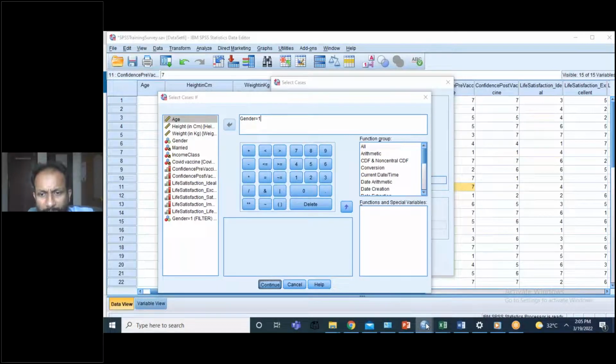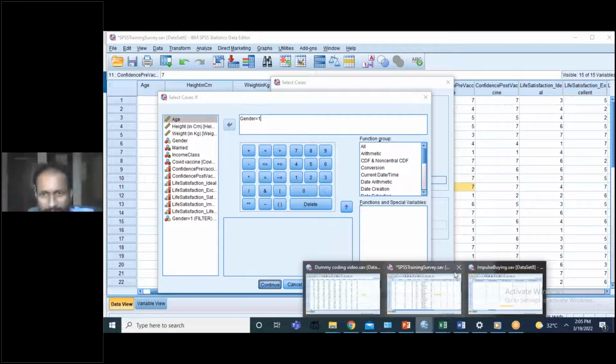I think I have to close it and try opening it, because there is some problem with this software, because from yesterday onwards it is running.